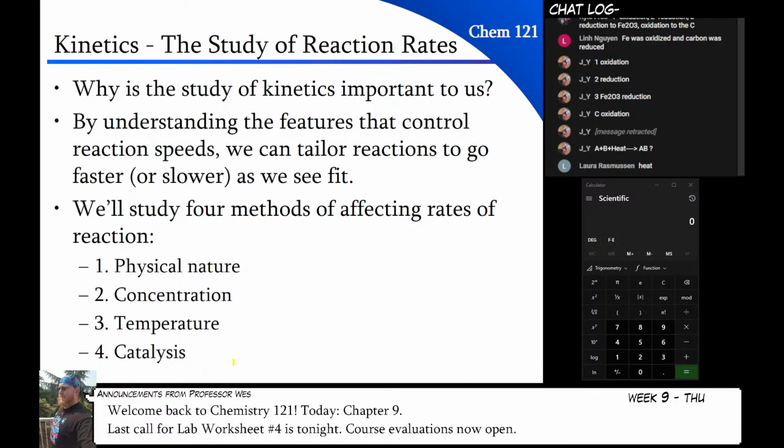And those 4 things are the following. So the first is the physical nature of the substance. Second, we're going to care about how much stuff we actually have, how concentrated the sample is of our compound. Third, we'll care about the temperature at which the reaction occurs. And then fourth, there's a special consideration called catalysis that we're going to explore on its own.